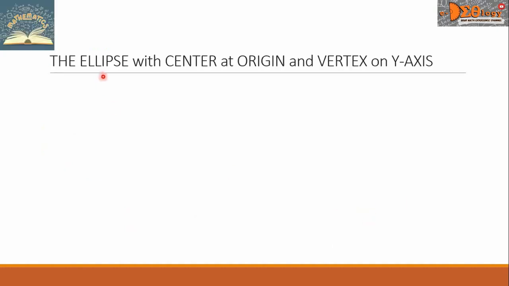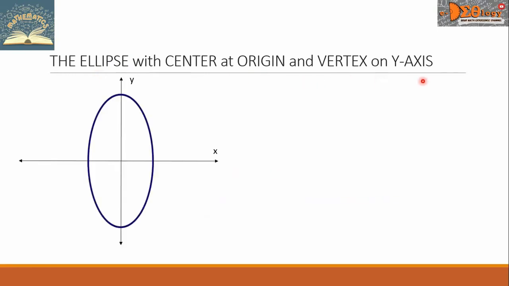Let us see an ellipse with center at origin and vertex on y-axis. Here is the ellipse, the center at the origin (0, 0). Let us plot the vertices, and the first one is denoted by V, while the other is V prime.